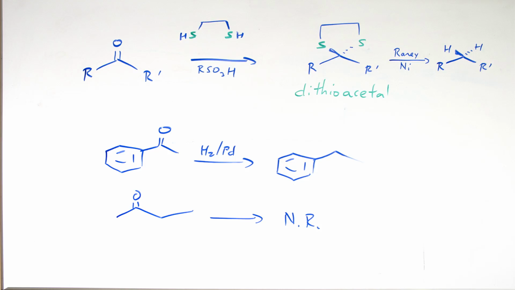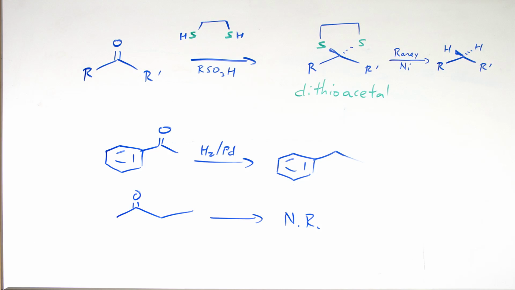What I'm getting at is this, if I have this, it doesn't matter what it is, if I take this and I reduce it, I can get rid of that carbonyl. If I do that with something open-chained, under the same circumstances, it does not react.